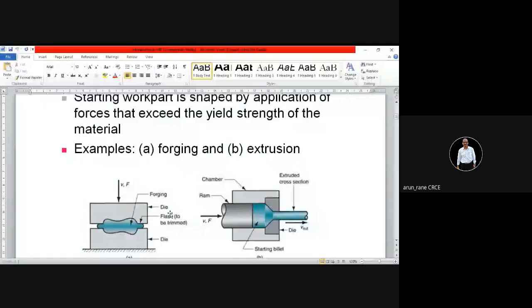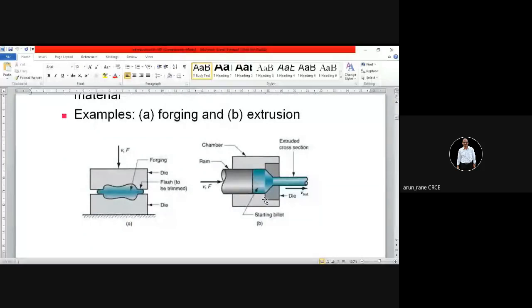Then another forming operation is extrusion. Now this is the material in billet form. Billet means a square bar, in heated condition, and this is your die. Whatever shape is inside the die, round, square or hexagonal, that shape appears. This is a push kind of extrusion, because the material is pushed here.